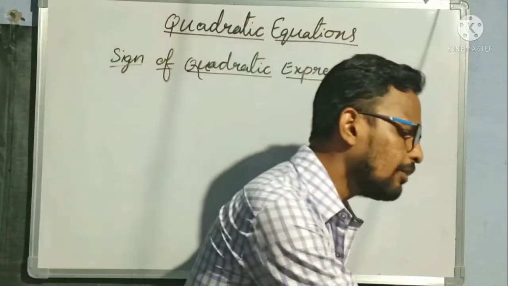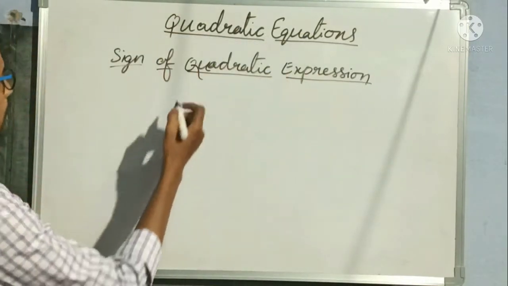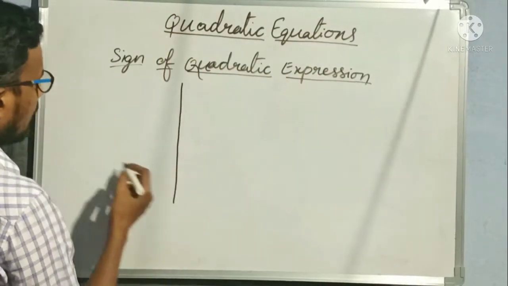Already we know that the graph of a quadratic equation is always a parabola.